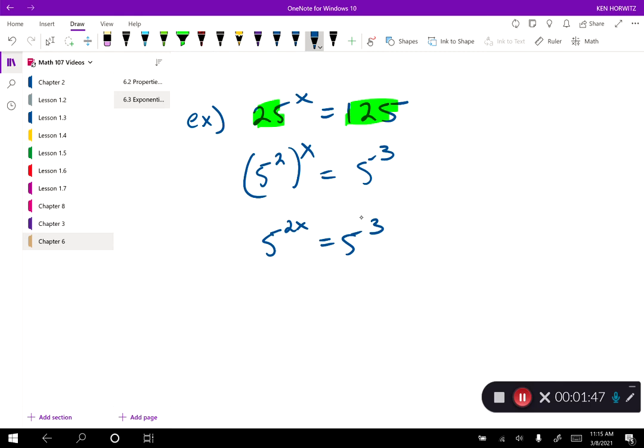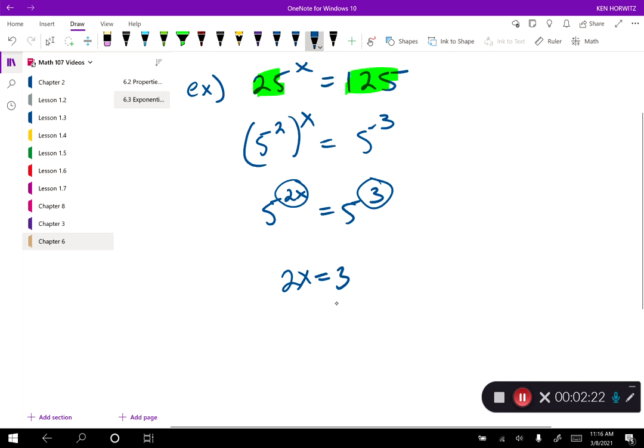Now, do you guys remember that one-to-one property we talked about, where if we're doing the same operation on both sides, we could strip away the operation and just look at the numbers? Well, something very similar happens here. We have the same base, 5, and we're raising to an exponent of 2x in one case, and an exponent of 3 in the other, but the numbers are equal. What that means is that 2x has to equal 3.